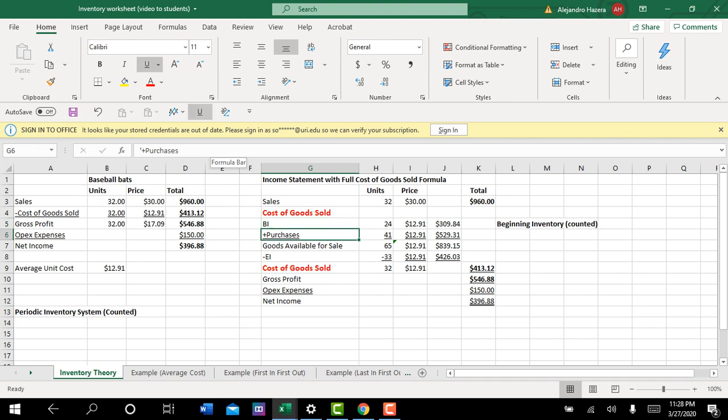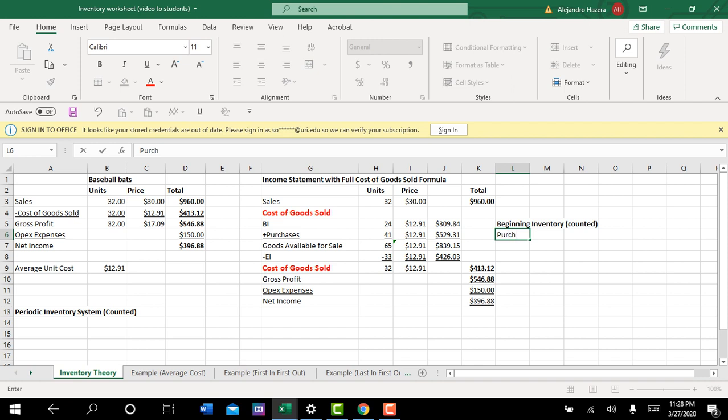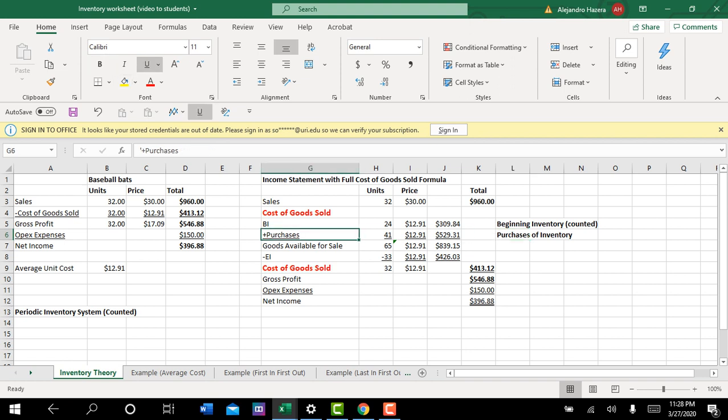The second part is purchases. When you see the word purchases in this context, accountants are talking about purchases of inventory. This company purchased 41 baseball bats during the year, magically at a price of $12.91.